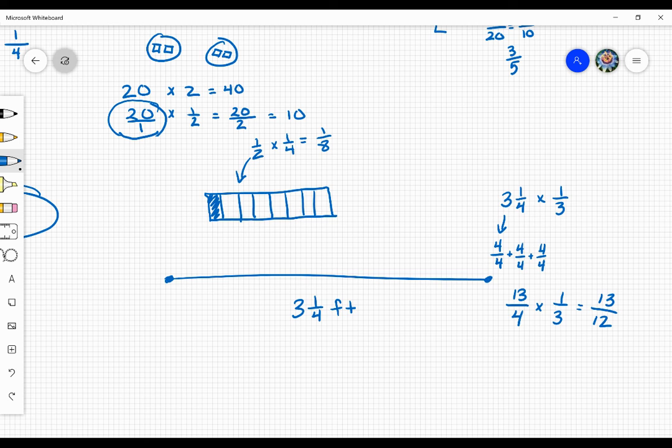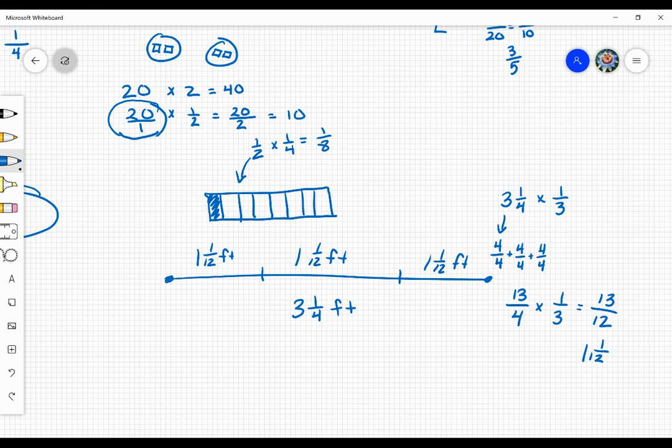We get 13/12, which is the same as 1 whole and 1 extra 12th. So 1 and a 12th feet would be each part if you wanted to divide this string into 3 equal parts.